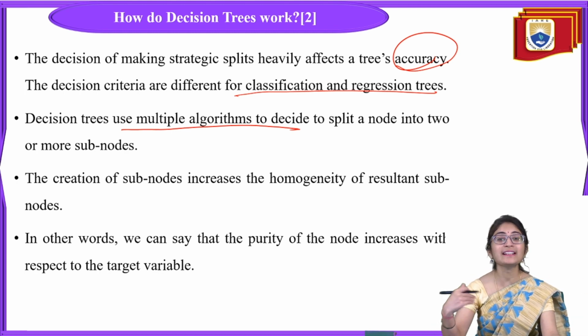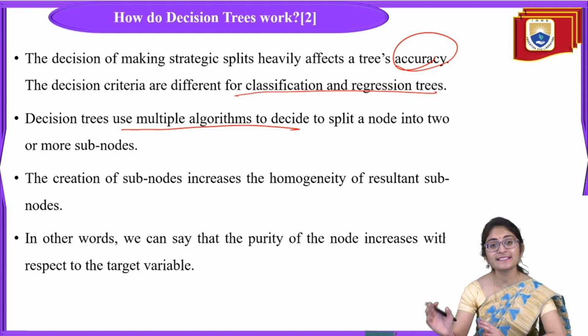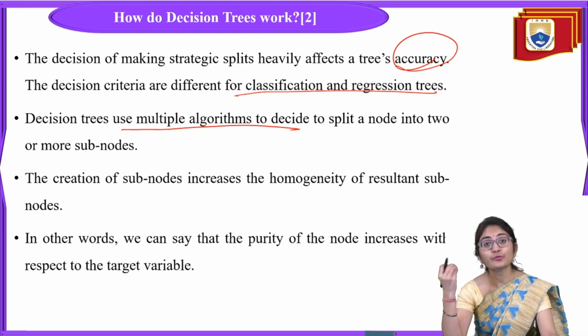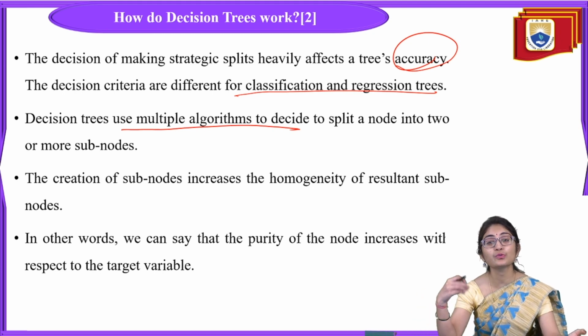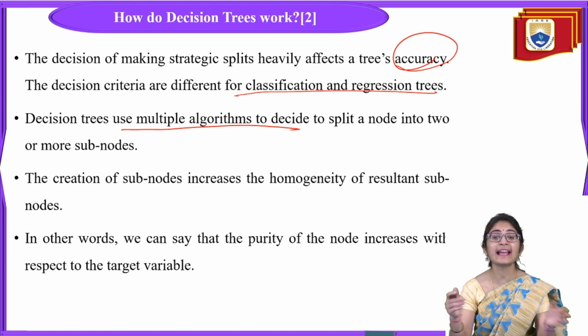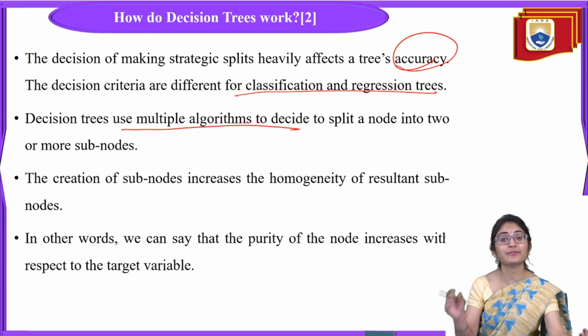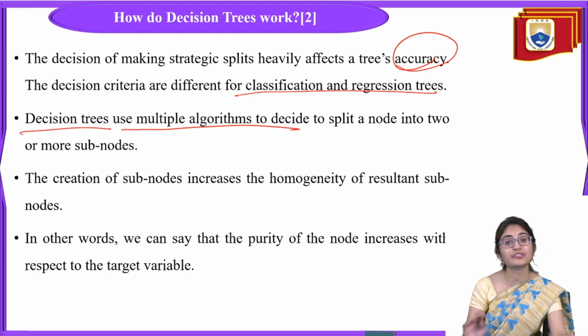That means for splitting these nodes, the decision tree will use multiple algorithms. That means which node we have to split, which node we have to use for a particular decision, and how many nodes we have to split, everything will be decided by the decision tree.